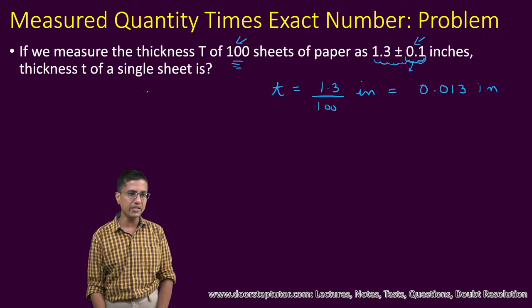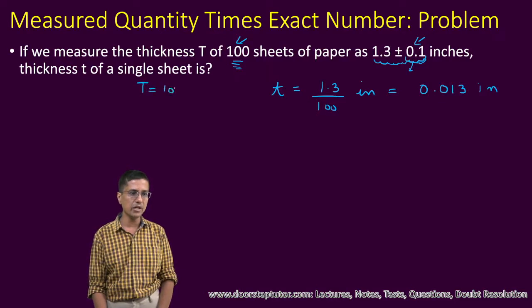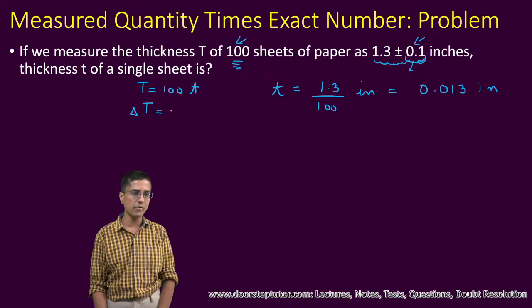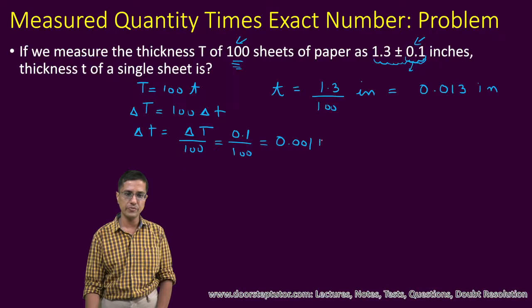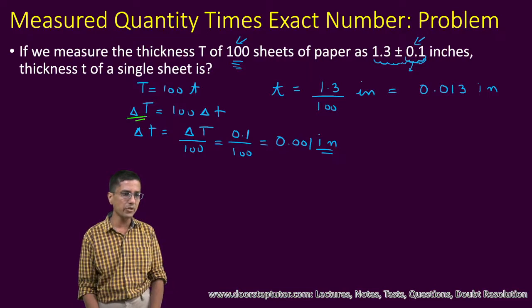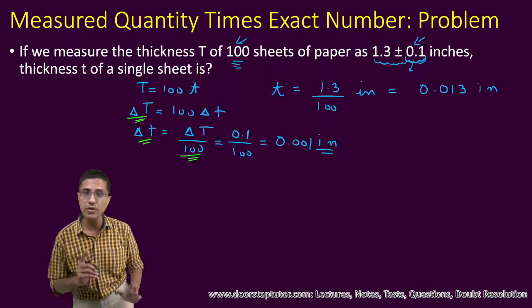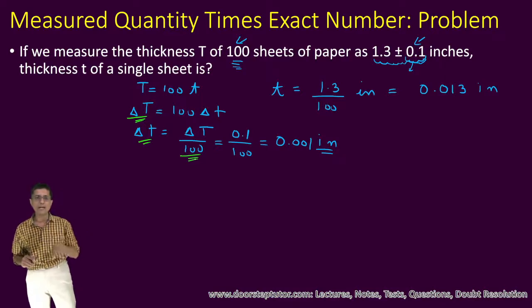This happens because T is equal to 100 t, therefore my delta T will also be equal to 100 delta t, or delta t will be equal to delta T by 100, which is equal to 0.1 divided by 100, and if you compute, this comes out to be 0.001 inch. Notice that this division only holds for absolute errors.